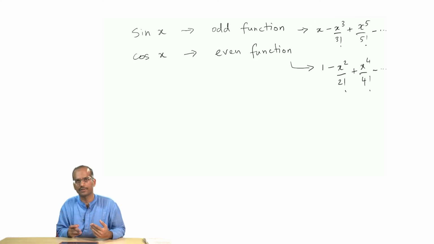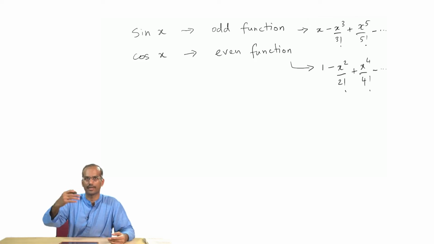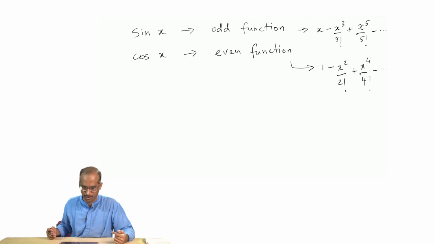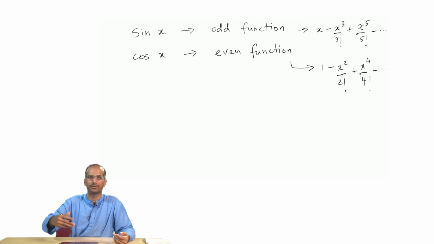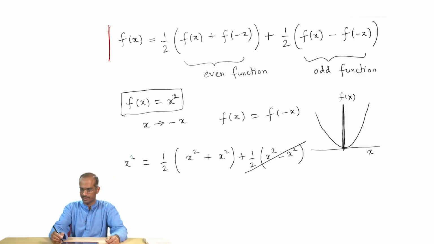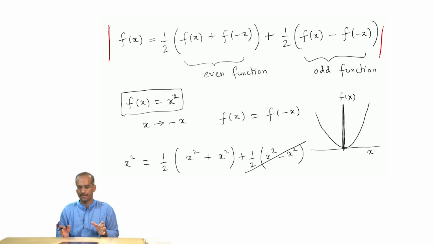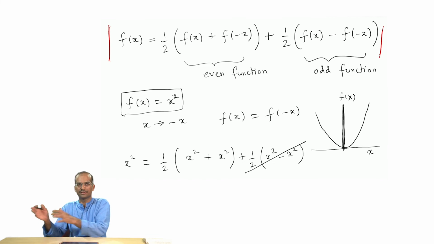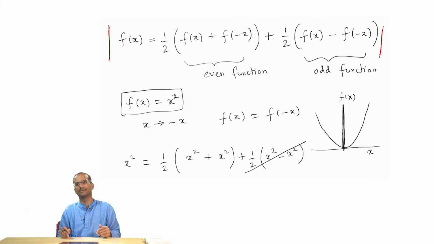The cos x function has expansion in terms of x square, x power 4, x power 6 and so on, whereas sine function has expansion in terms of x, x cube, x power 5 and so on. This general result for f of x that I have written down says that any function can be written as an even function plus an odd function, and clearly our Fourier series is in that form.